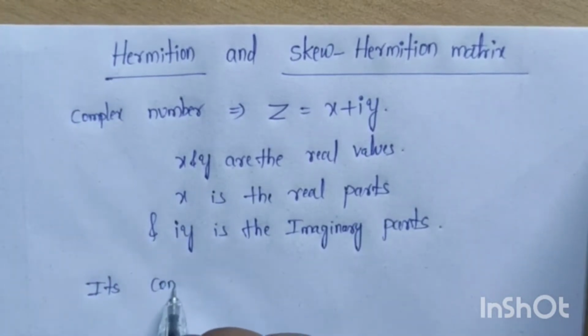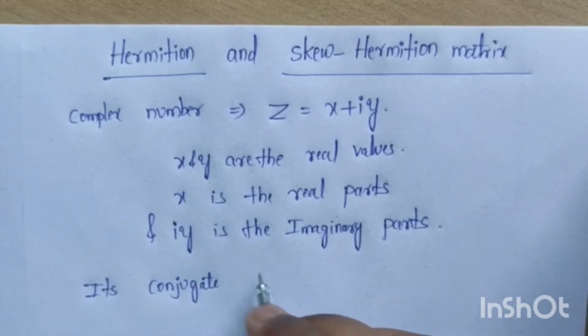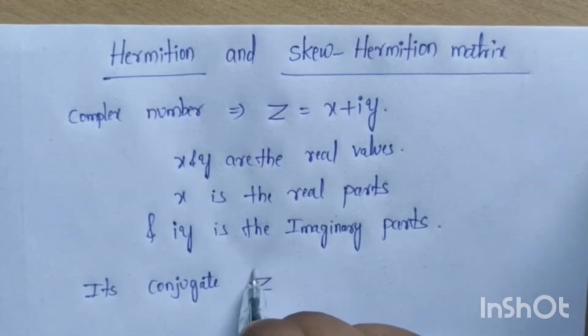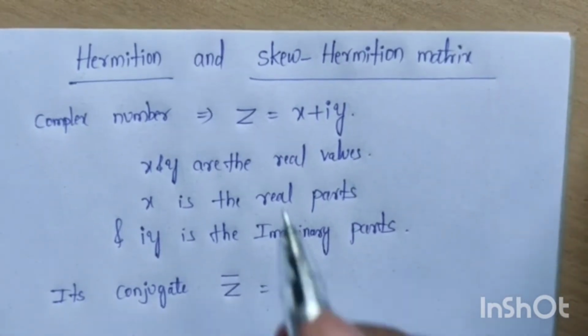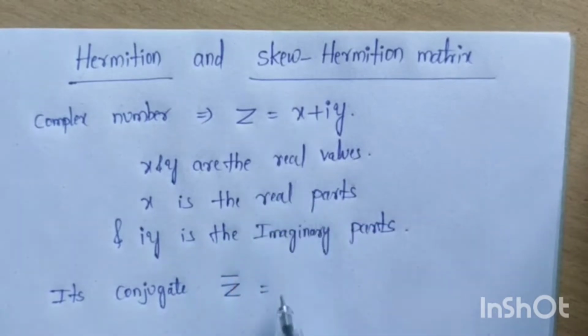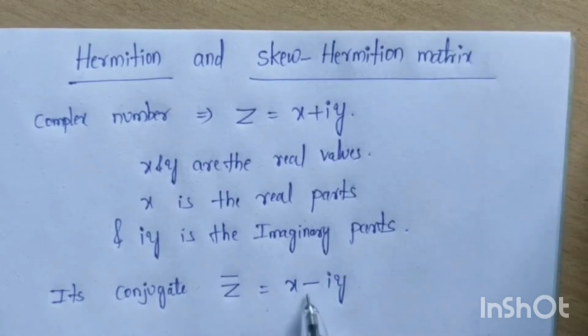Its conjugate, z bar, equals: the real part is as it is, x, minus iy. For the conjugate, take the negative of the imaginary part.